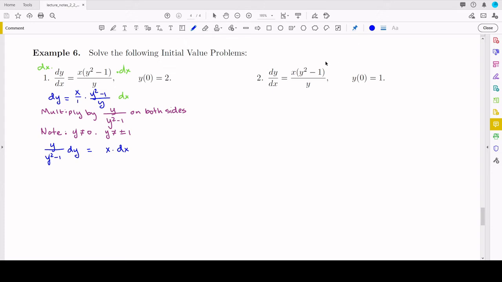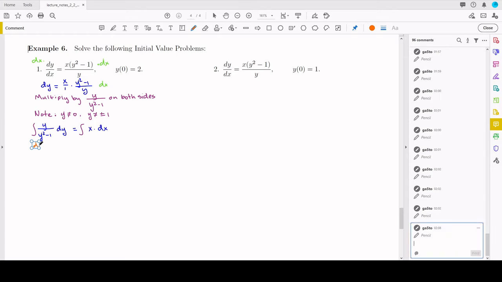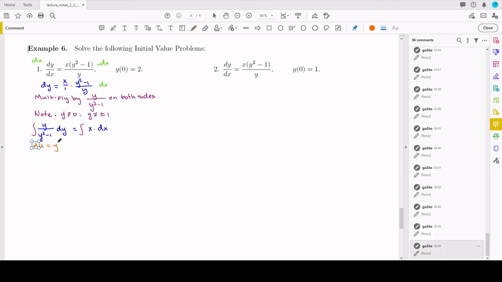And to solve, we're now going to integrate both sides, and on the left-hand side we're going to need a substitution. So I'm going to use the substitution u equals y squared minus 1, and that gives us du/dy equals 2y, the derivative of y squared, and so du equals 2y dy.